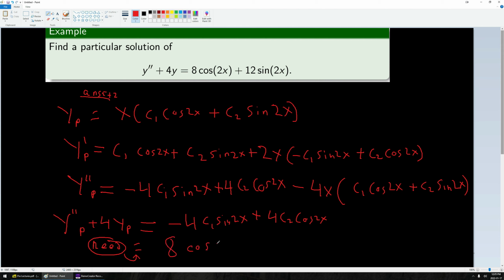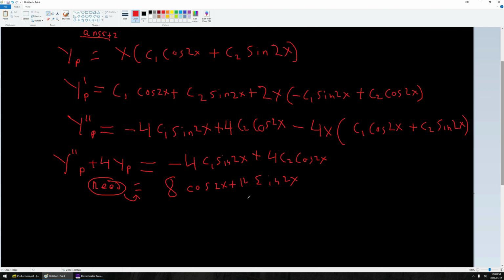So how can we check whether we can make this true? By direct comparison, I have this 8 and I have this 4 C2. If C2 satisfies 8 equals 4 C2, then we can satisfy that term, and we have this minus 4 C1 times the sine term equal to 12 times the sine term. If that equation can be satisfied, then we're good.